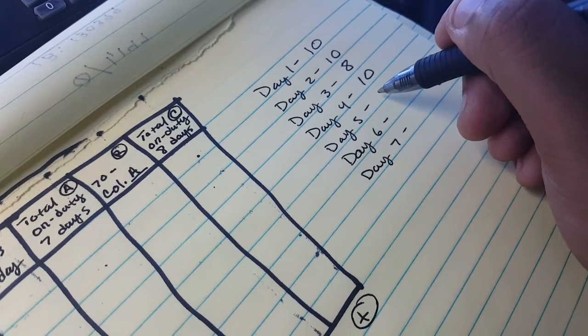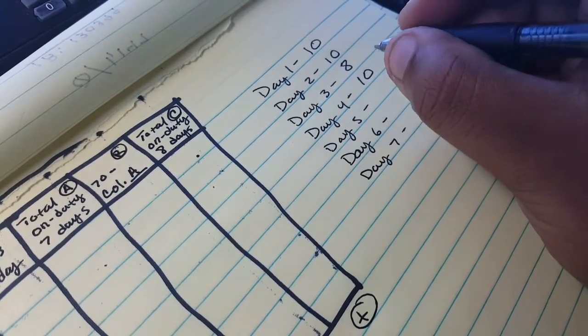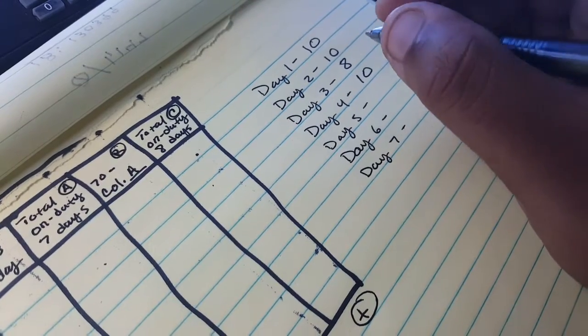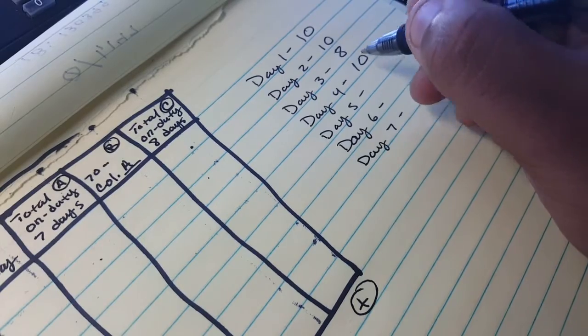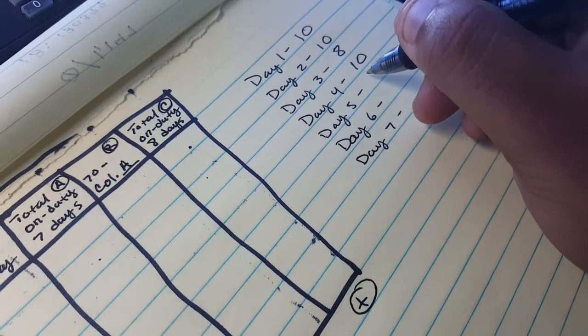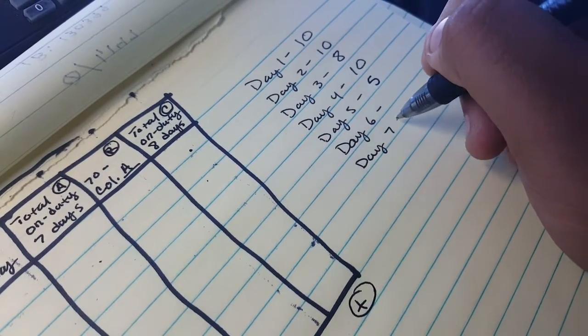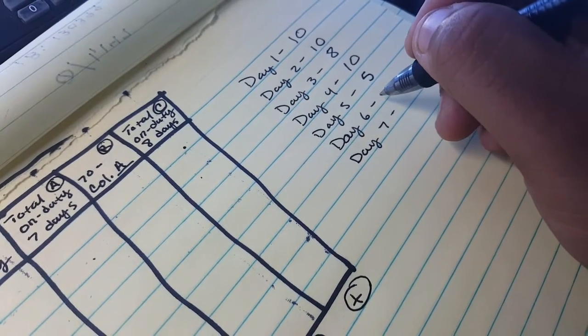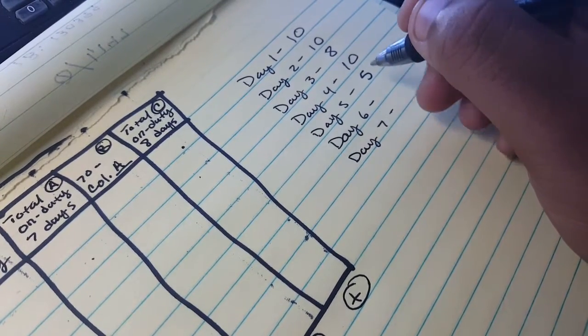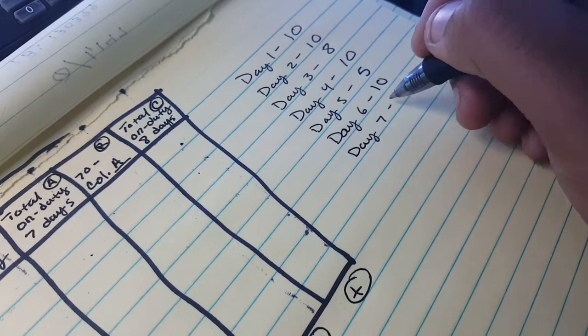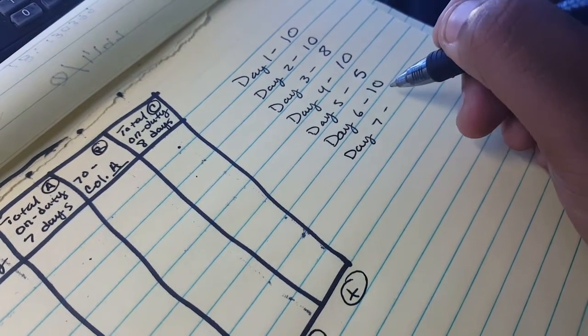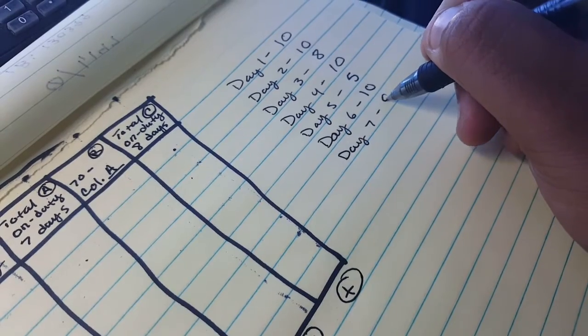Day 5, let's say we delivered a load and we didn't get a load after that for the rest of the day, so we only got 5 hours in. Day 6, we did 10 hours, got plenty of rest. And then day 7, we did 9 hours.